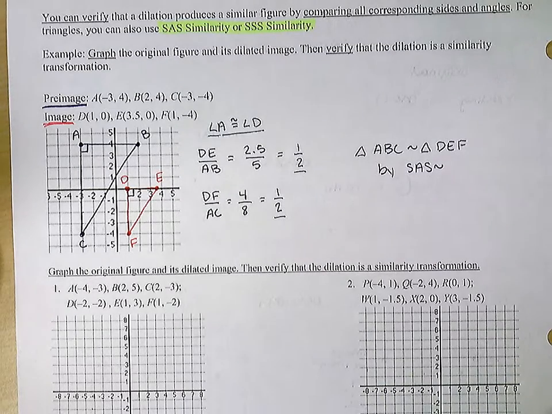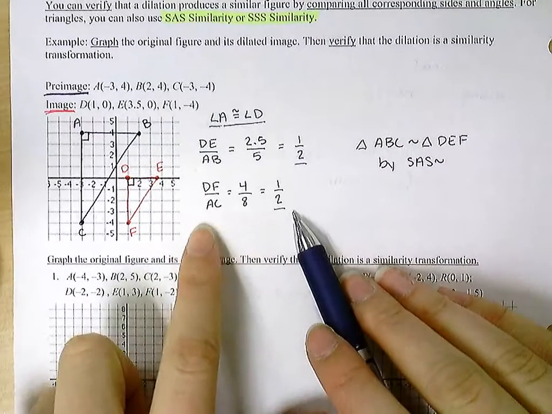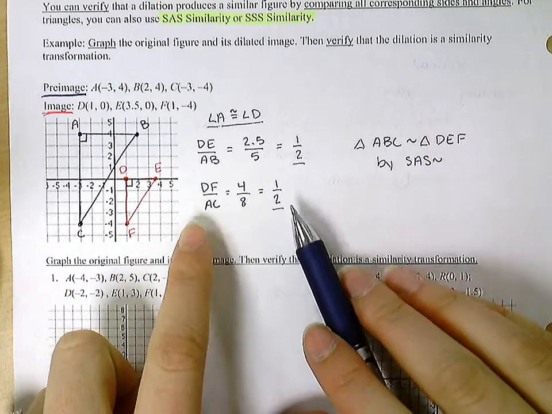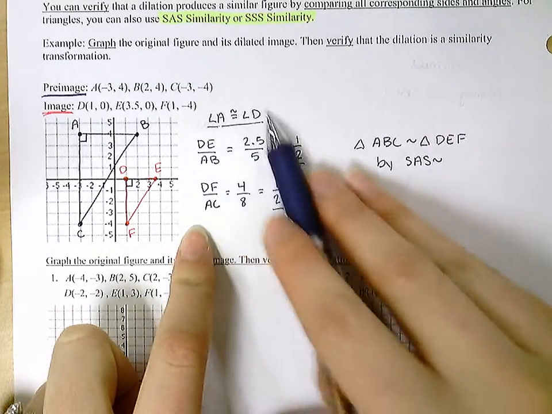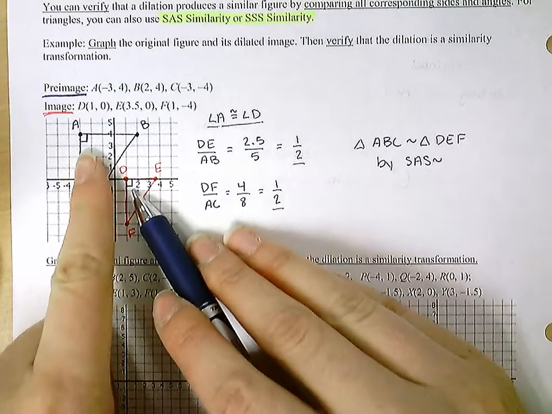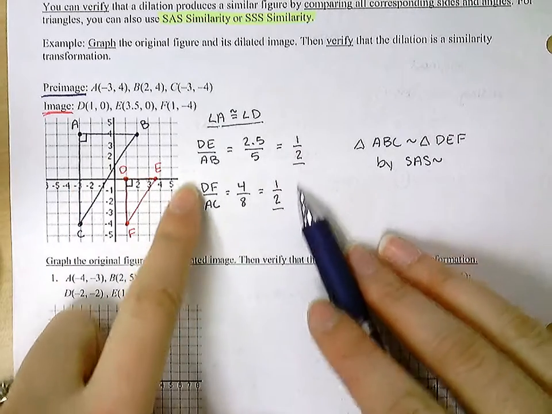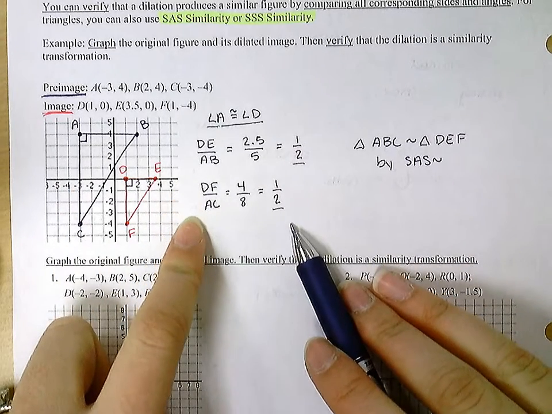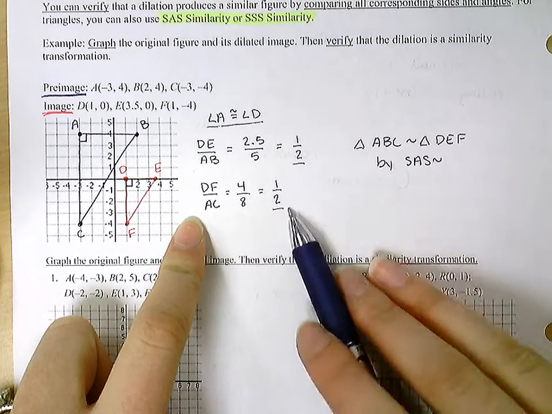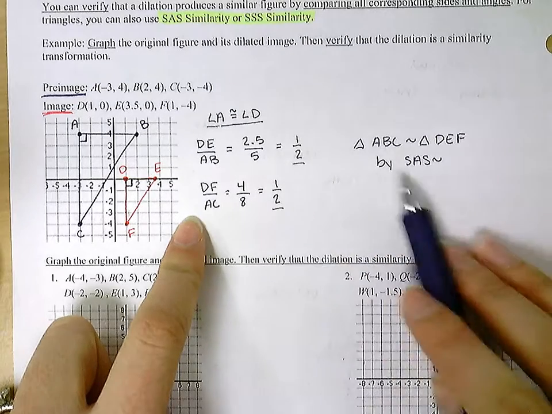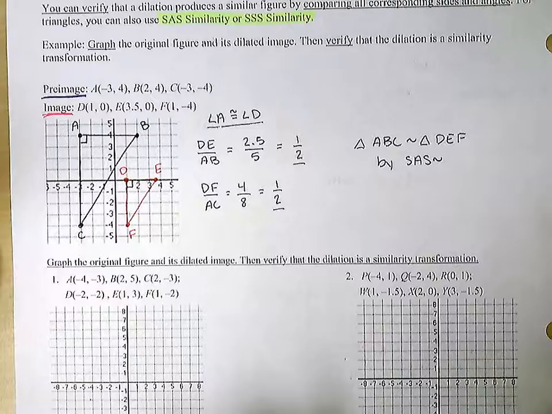So I need to write out, you can't just say this part without first showing this. You need to write out that those two angles are congruent. You need to reduce the sides to their ratios to make sure they're the same. And then you can say that they are similar.